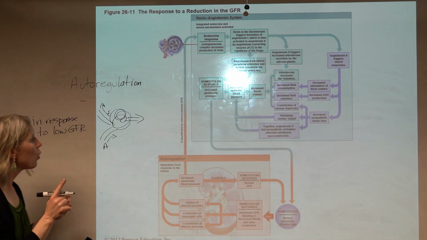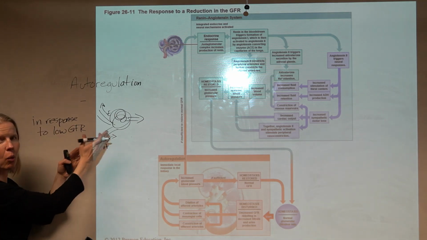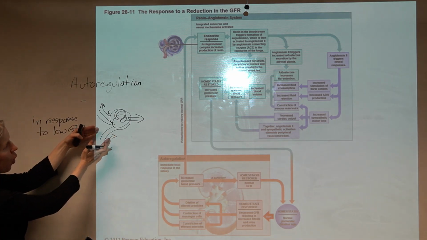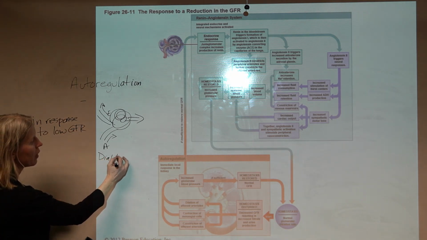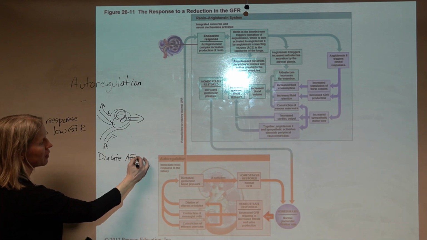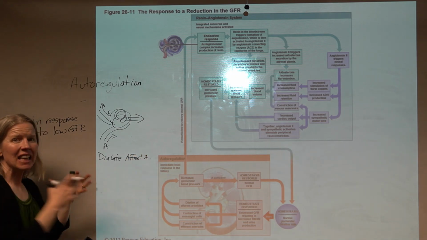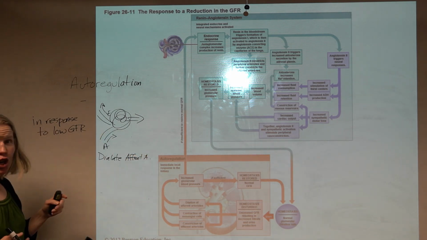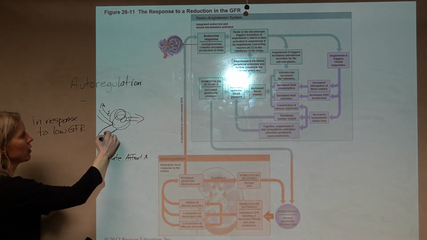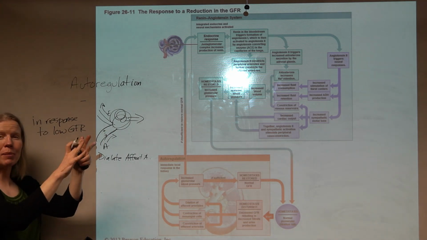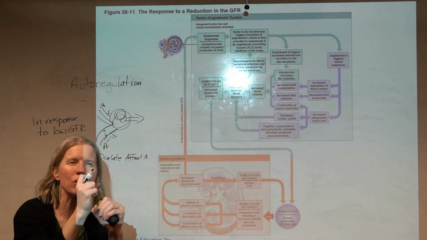Okay, so what we want to do is bring more blood flow. So we're actually going to open up the afferent. We're going to dilate the afferent arteriole, right? Like now, instead of a garden hose, we want a fire hose, right? So we're going to make that bigger, more blood coming in, but then we're going to close off the exit.